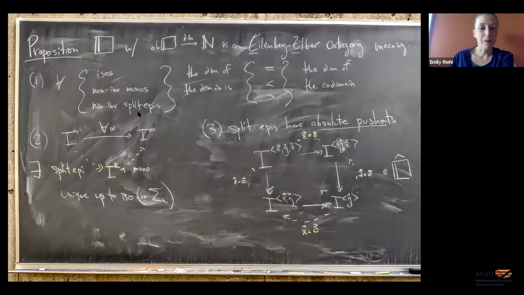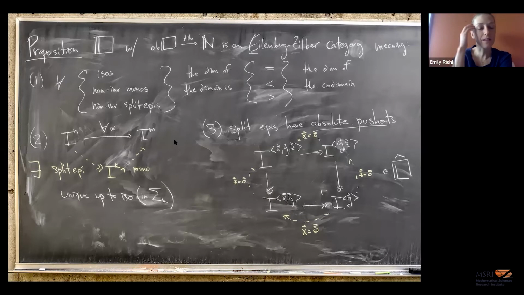And if I have a split epimorphism that's again non-invertible, then the dimension of the domain is greater than the dimension of the codomain. That seems pretty innocuous, but it's one of the requirements, that this dimension function agrees well with the monos and the epis in the category.